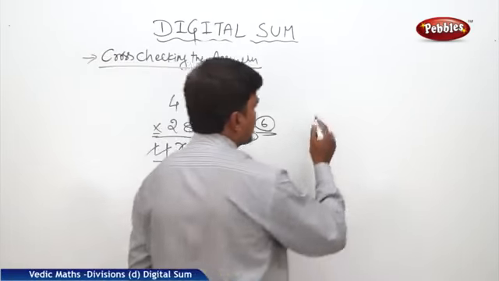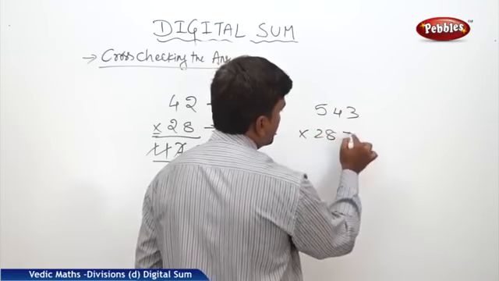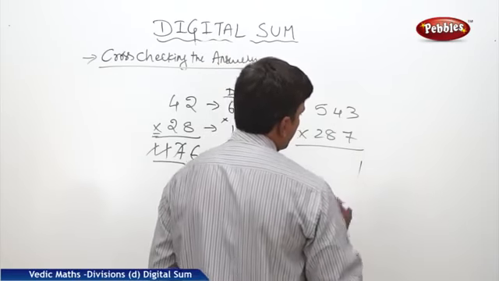Let us take an example. 543 into 287. I want to multiply this one.